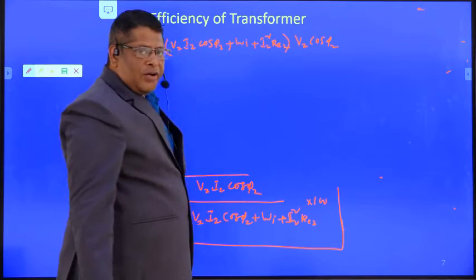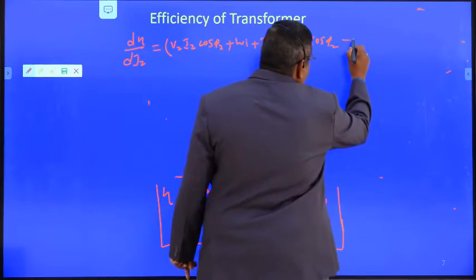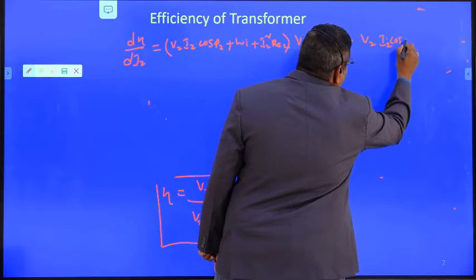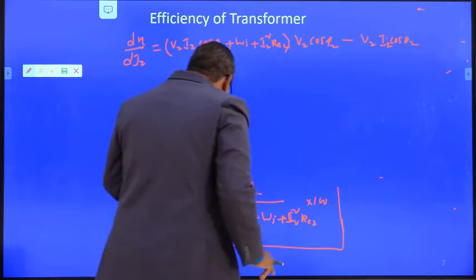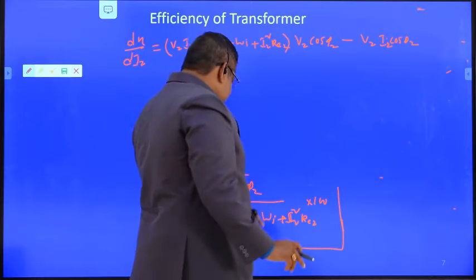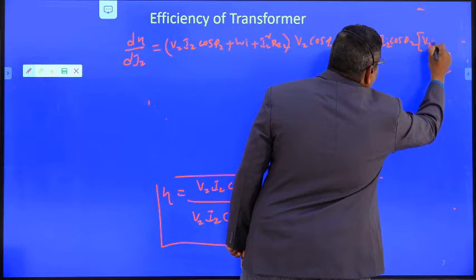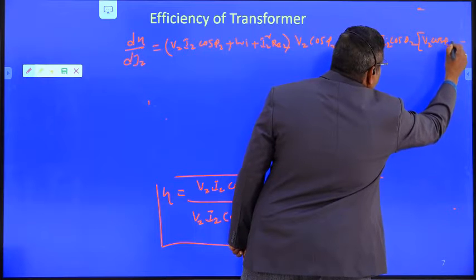Now the numerator is over, minus V2 I2 cos phi 2 into the derivative of the denominator with respect to I2. So we get V2 cos phi 2 plus 2 I2 Re2.